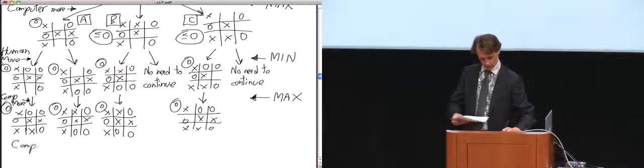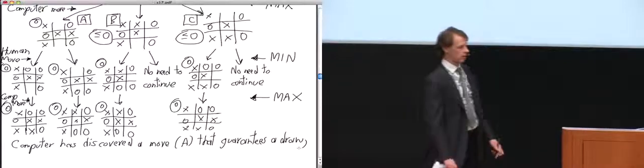So we've got this intuition here that once the computer discovers a move that guarantees a draw, then from now on, the computer is only interested in looking at moves that are better than a draw.